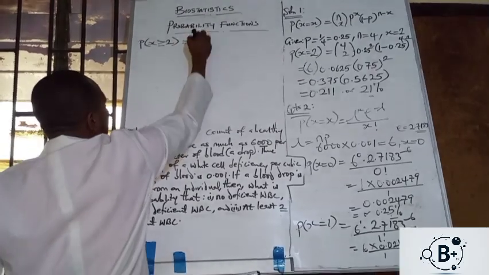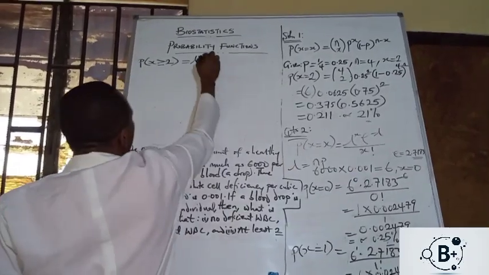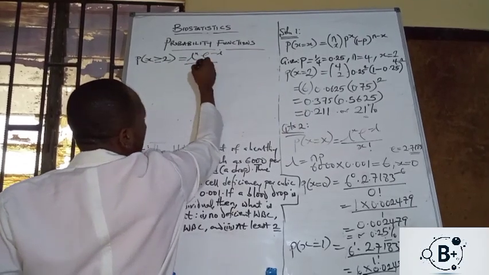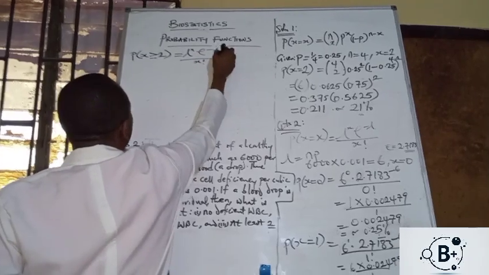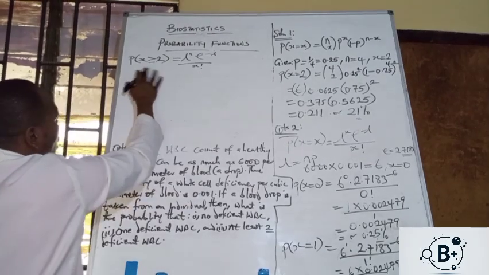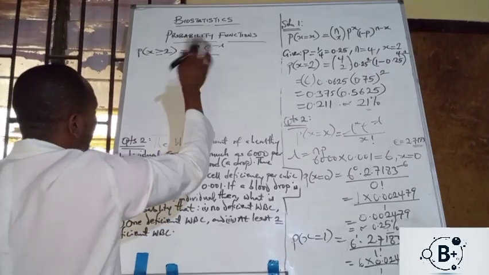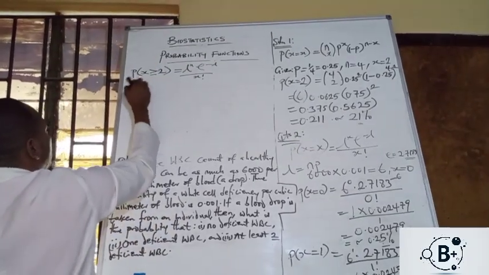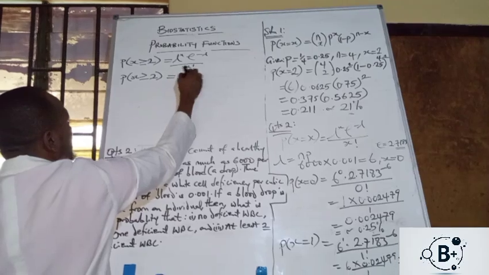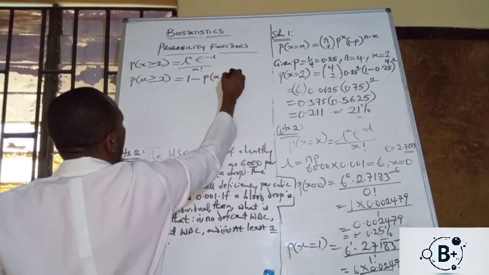So then your lambda remains the same, lambda to the S from the formula, then E minus lambda over S factorial. Because it's greater than or equal to 2, another way you can easily calculate this is to say P of S greater than or equal to 2 is the same thing as 1 minus the probability of S less than 2.